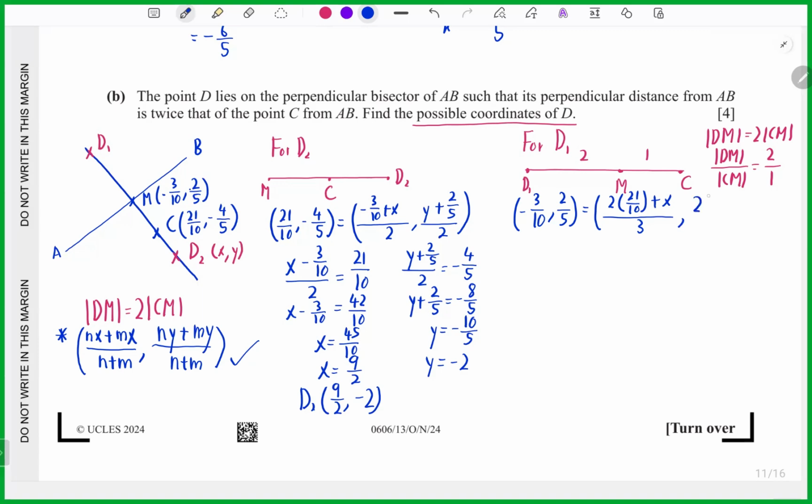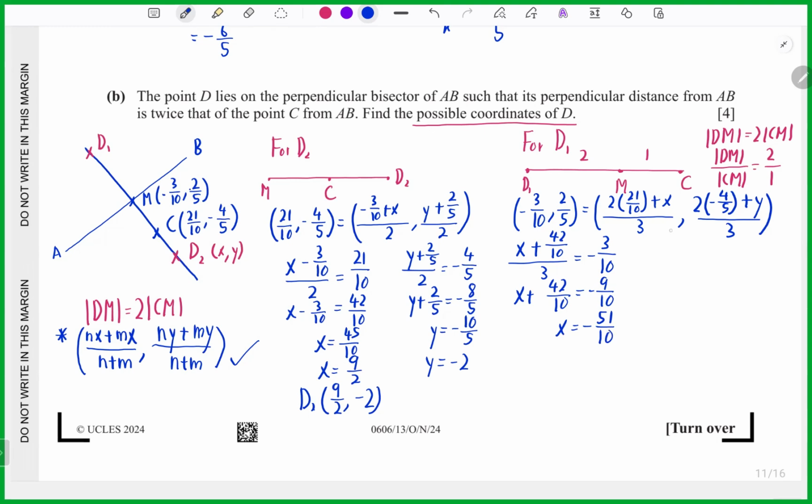And again, negative 4 over 5 plus y divided by 3. So you can take x plus 42 over 10, divided by 3 equals negative 3 over 10. x plus 42 over 10 equals negative 9 over 10. So x equals negative 51 over 10.